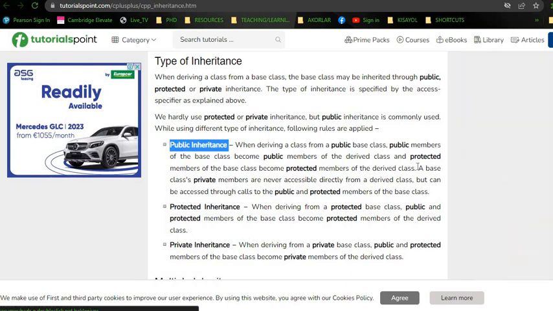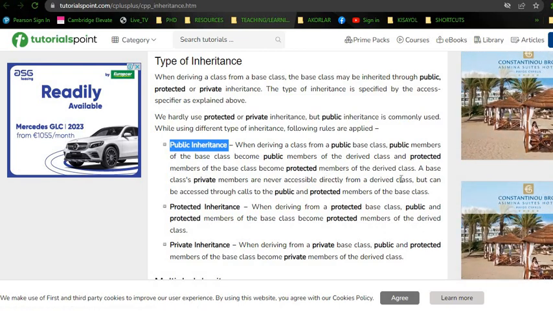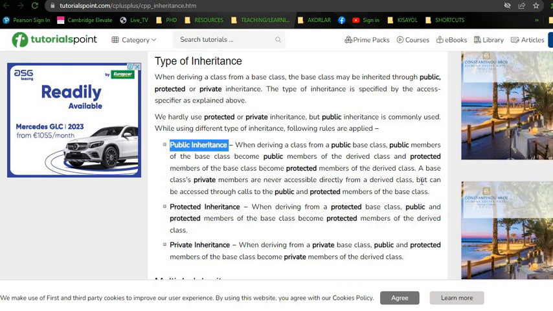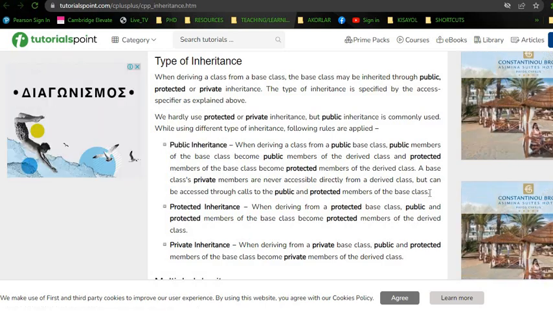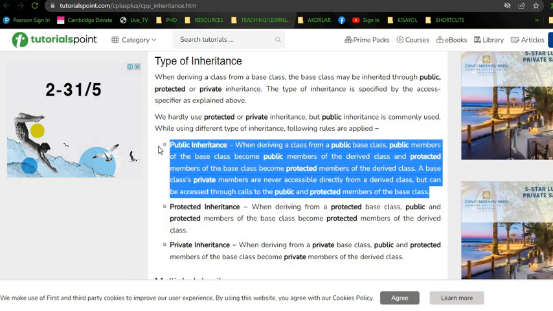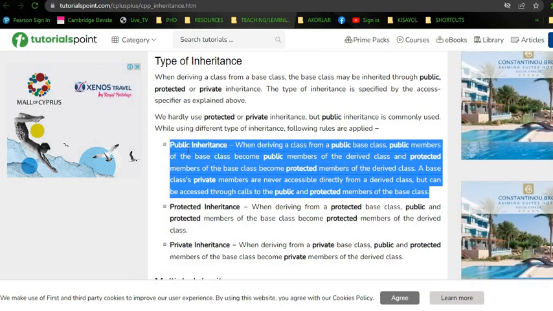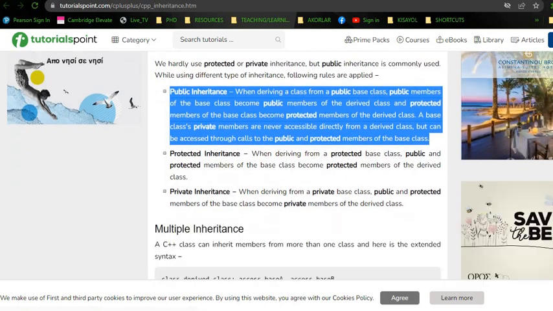A base class's private members are never accessible directly from a derived class, but can be accessed through calls to the public and protected members of the base class. So we have to choose generally public inheritance. And protected and private inheritance are much more limited. Let me read them.